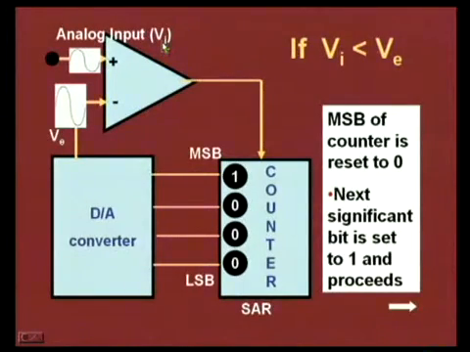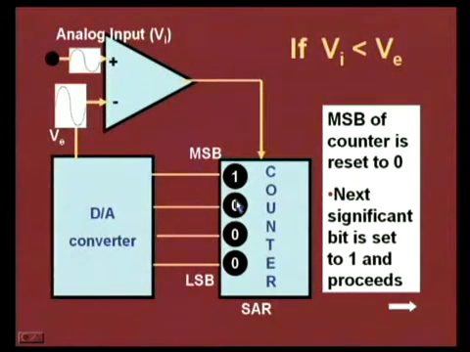Suppose Vi is lesser than Ve. It means we will have to decrease the counter value in order to come closer to the analog value. How? If Vi is less than Ve, the MSB of the counter is reset to 0. So, make this 0, and then the next significant bit is set to 1.